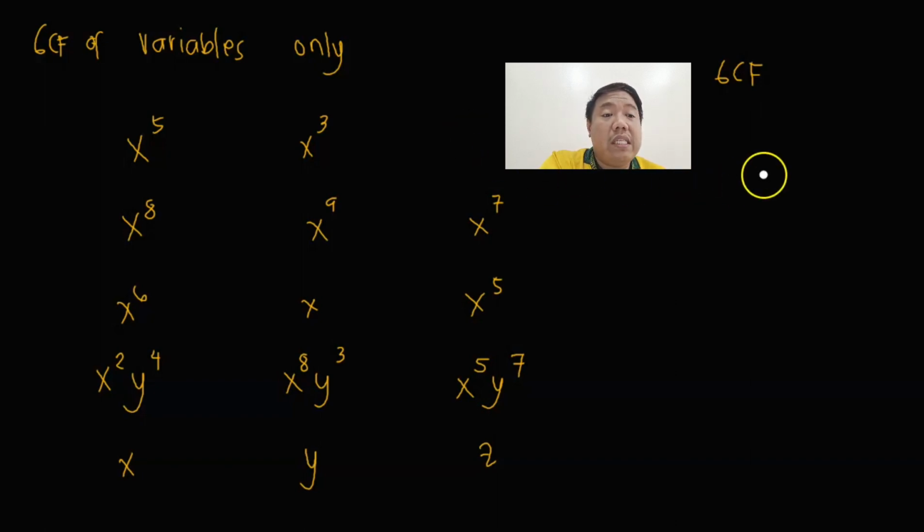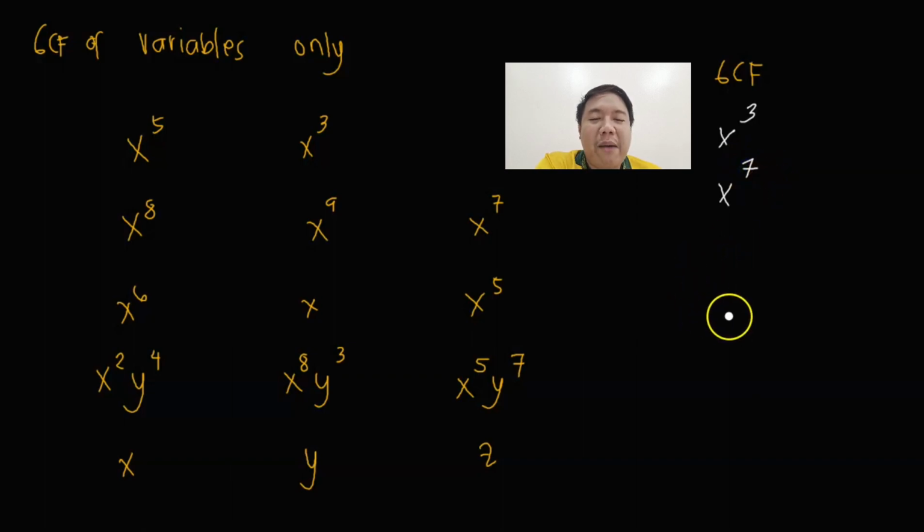So, part of the GCF will be x, and then that is being raised to 3. Kasi x yung mababa, di ba? How about x raised to 8, x raised to 9, and x raised to 7? So, dahil lahat po merong x dyan, then x will be raised to 7. Ayan, very good po talaga.